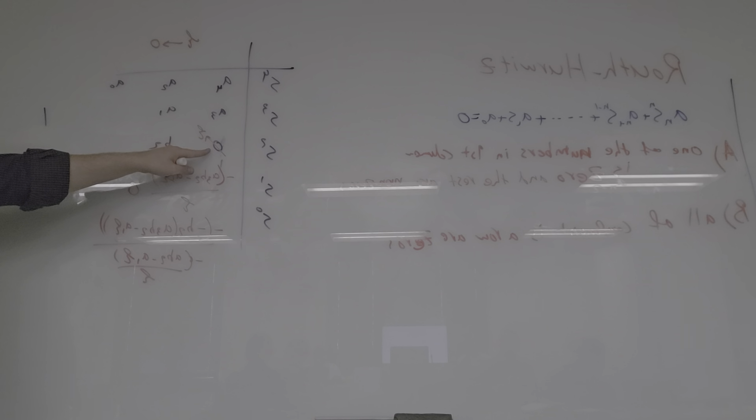I replaced the 0 with epsilon and used the same equation that we have for B and C to complete the whole table.